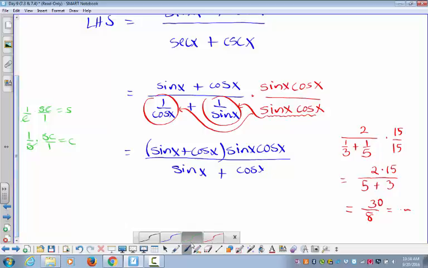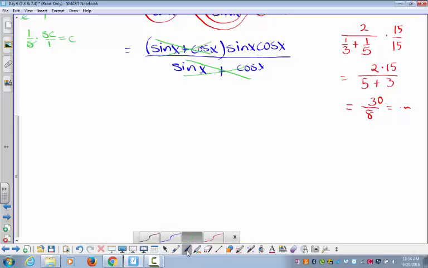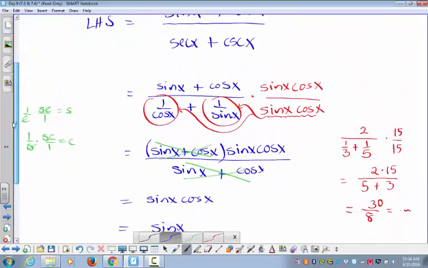Now we're golden. In the numerator, we have a sine plus cosine. In the denominator, we have a sine plus cosine. Those cancel, and that leaves us with sine times cosine. And we think about our target. Our target was sine over secant. Well, cosine in the numerator is the same as secant in the denominator. And I think we started with the left-hand side and got the right-hand side.